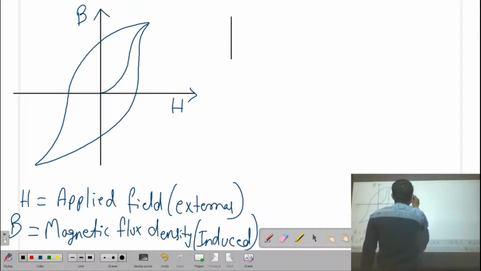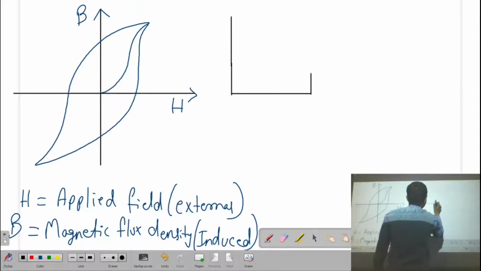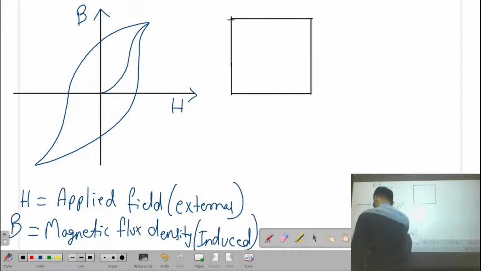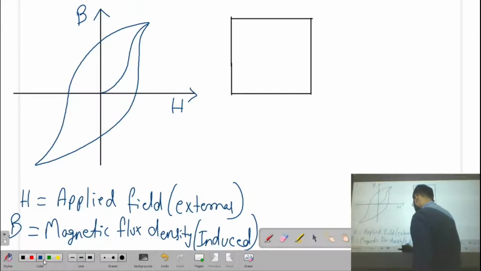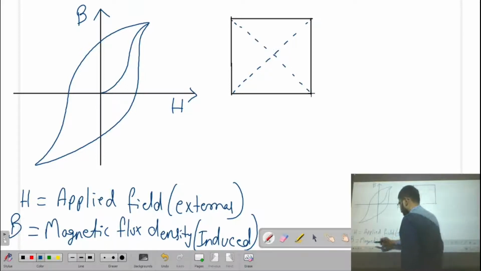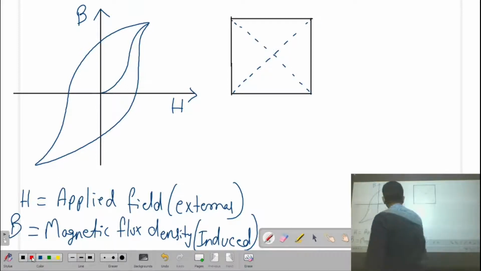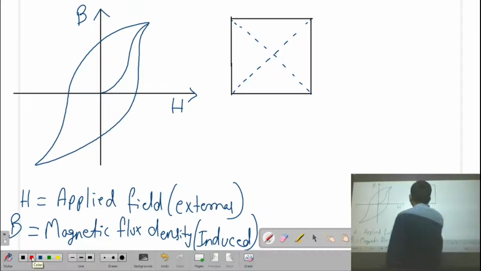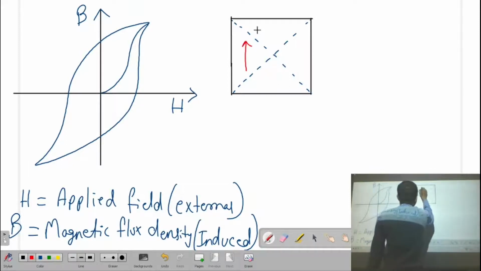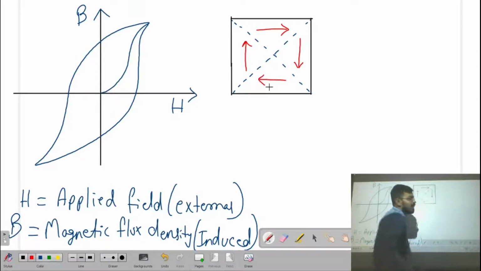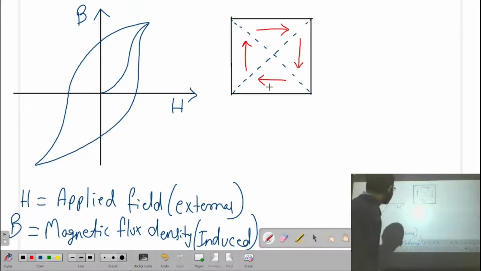So first of all, we will have a small domain, and in that domain we will have the net magnetic moments like this, as we have already seen in the last topic.